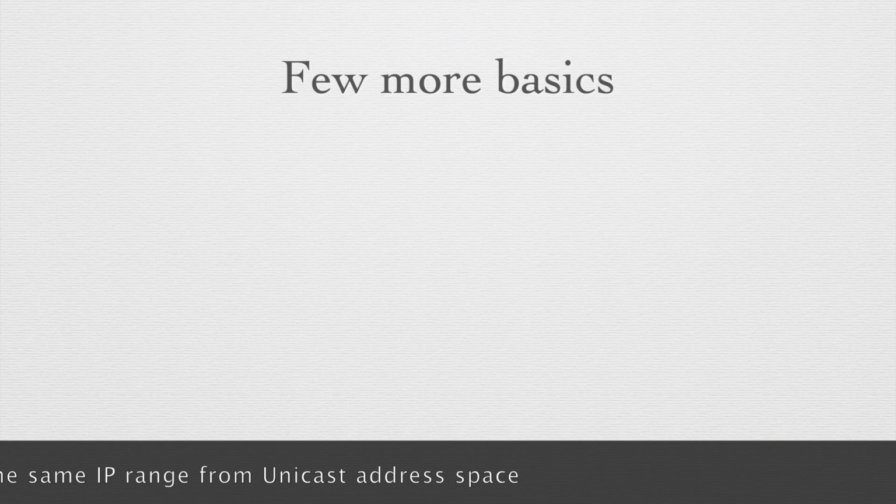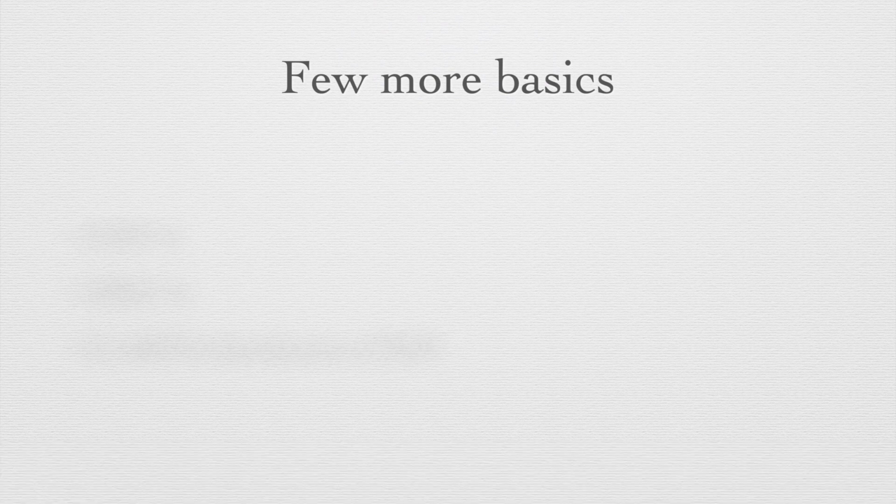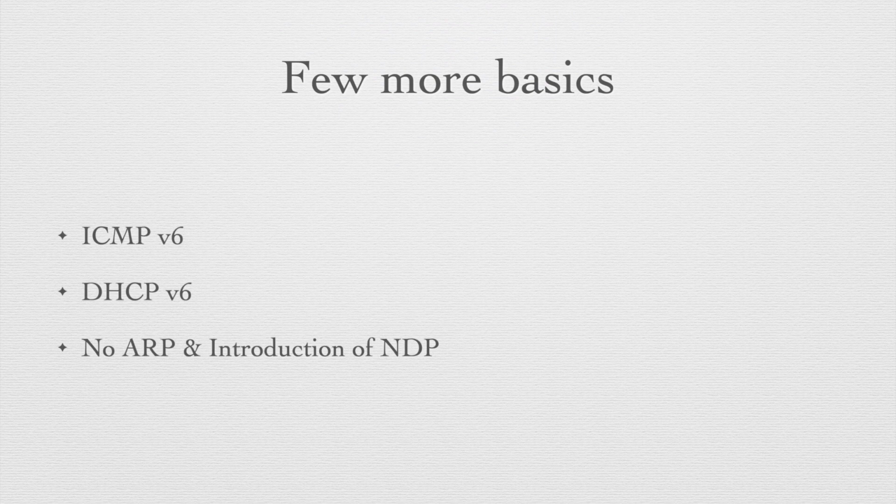A few more pieces of information on this. You can only advertise /48 into the internet in IPv6. You cannot advertise a prefix smaller than this in the internet if this is going to be a provider independent address range. And from the protocols perspective, where you have ICMP and DSCP for version 4, similar to that, you have ICMP version 6 and DSCP version 6 for IP version 6.